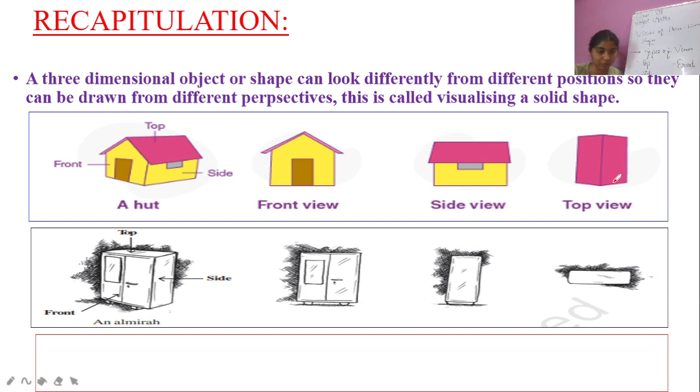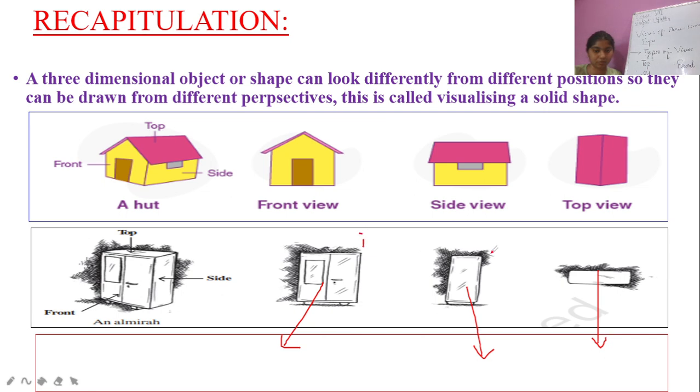Okay, so we have a hut which we saw, front, side, top view. This is an example we discussed, but one more example is there for the almirah. Please find which one is the top, side and front view for these three. I will give numbers, so you will write down your answer.